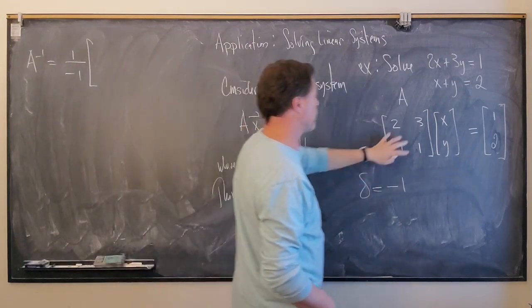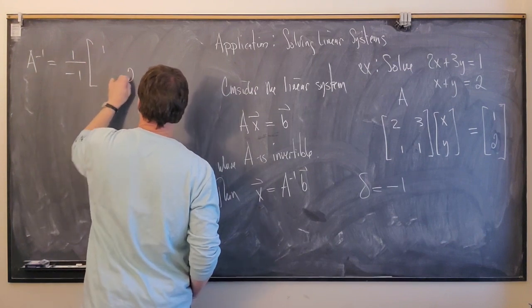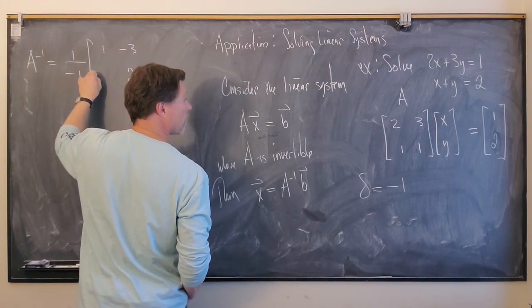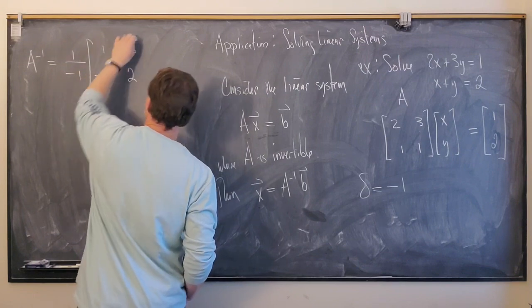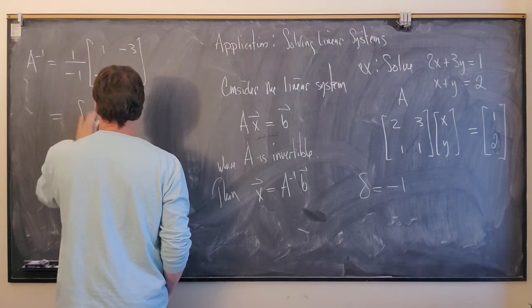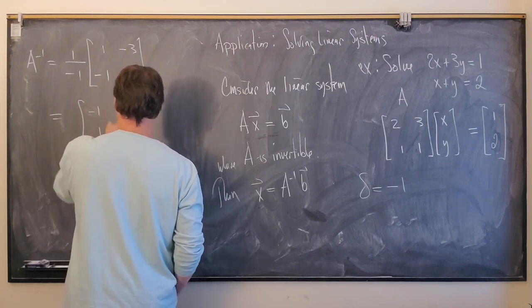We reverse the roles of these two right here, so this will be a 1 and a 2. And then I negate the off diagonal entries. Minus 3 and minus 1 go there. This will be the matrix negative 1, positive 3, positive 1, and negative 2.